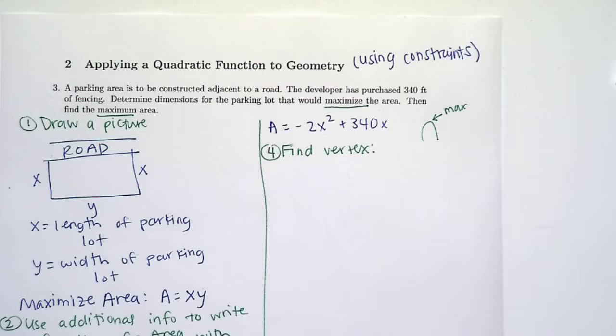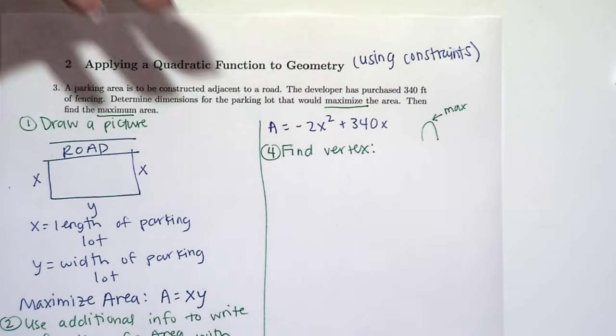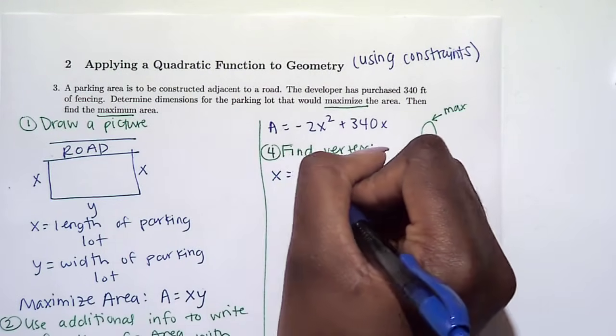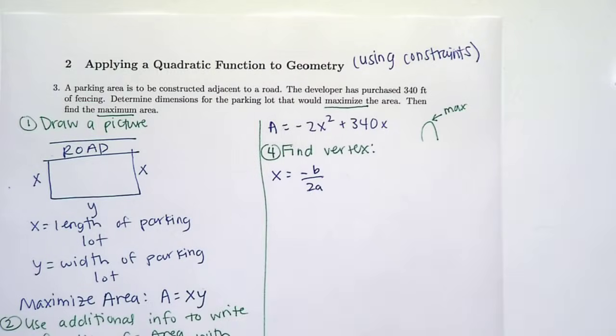Okay, so we have a shortcut now. For the x value of our vertex, instead of having to complete the square here, we have a formula. Negative b over 2a should tell us the x value of our vertex.